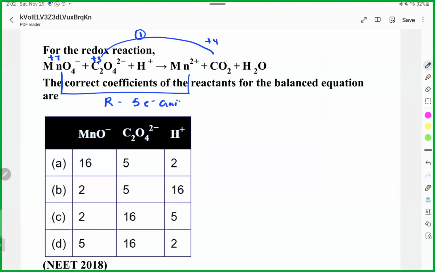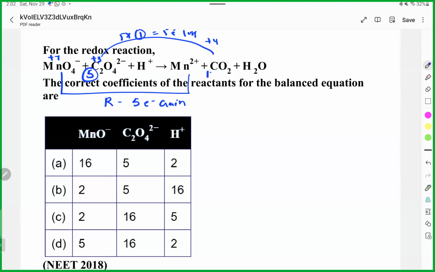So what will you do? Multiply by 5. If you multiply by 5, it will become 5 electrons lost and this will be 5 electrons gained. Both will be equal. Makes sense? So you will multiply this with 5.